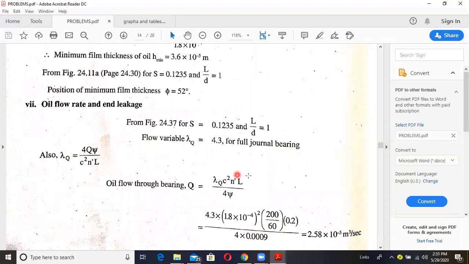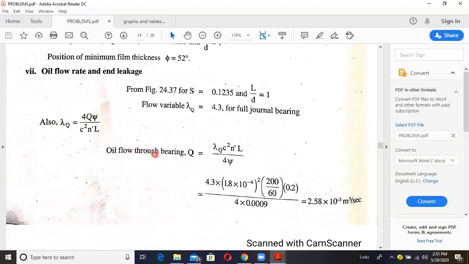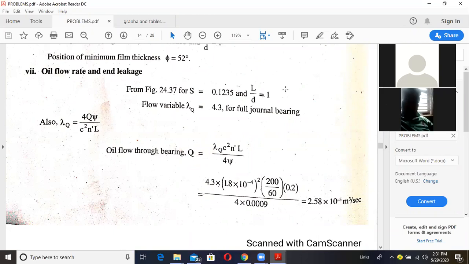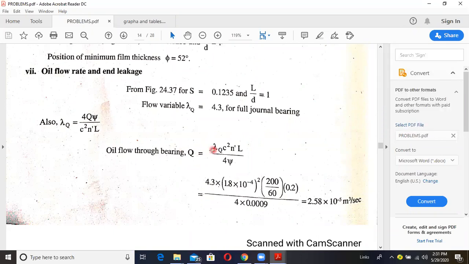The formula to calculate oil flow rate is capital Q equal to lambda Q C square N dash L divided by 4 into psi. Here the unknown is lambda Q, the flow variable.